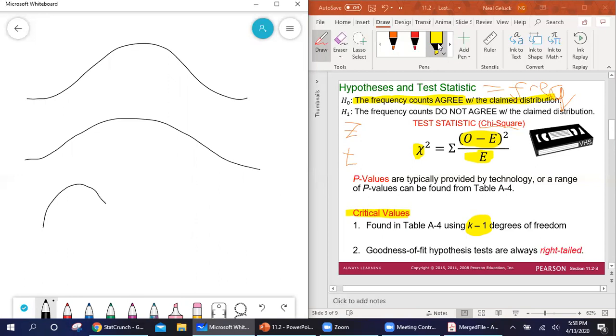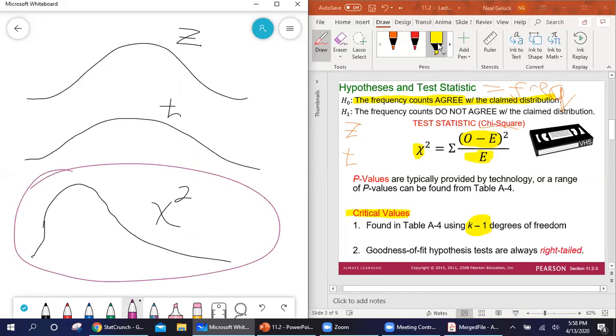It is a highly right-skewed graph. So this is what the chi-square graphs in general look like. This is Z and this is T. Same thing with chi-square, it can change based off of the sample size, but in general, chi-square has this curvature.